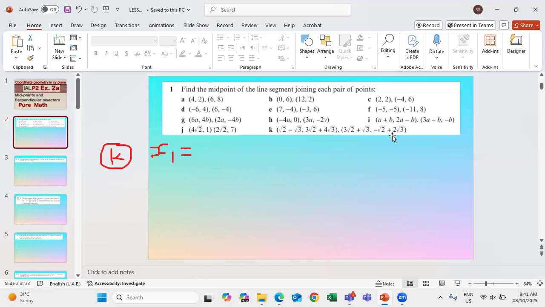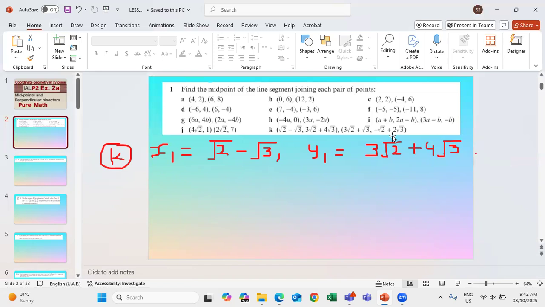So x1 is root 2 minus root 3, and y1 is equal to 3 root 2 plus 4 root 3.